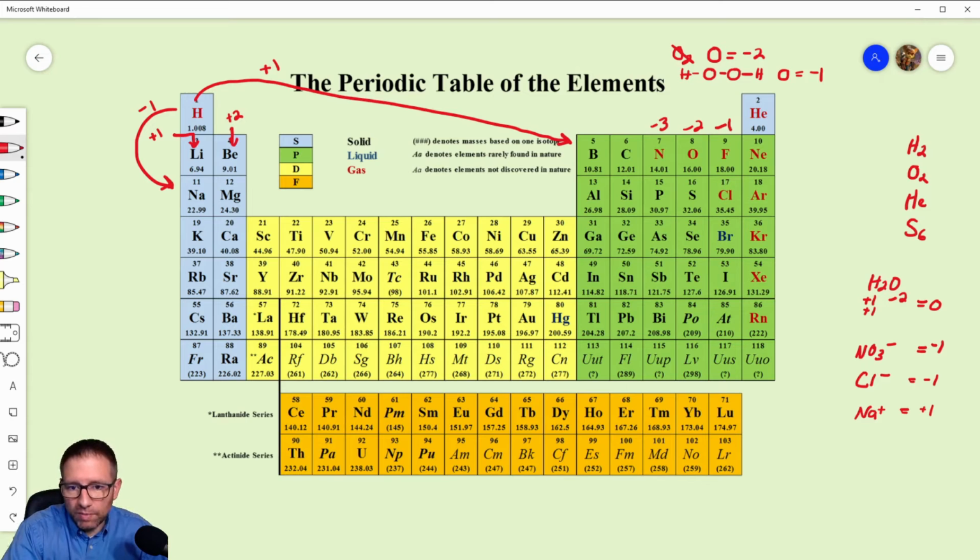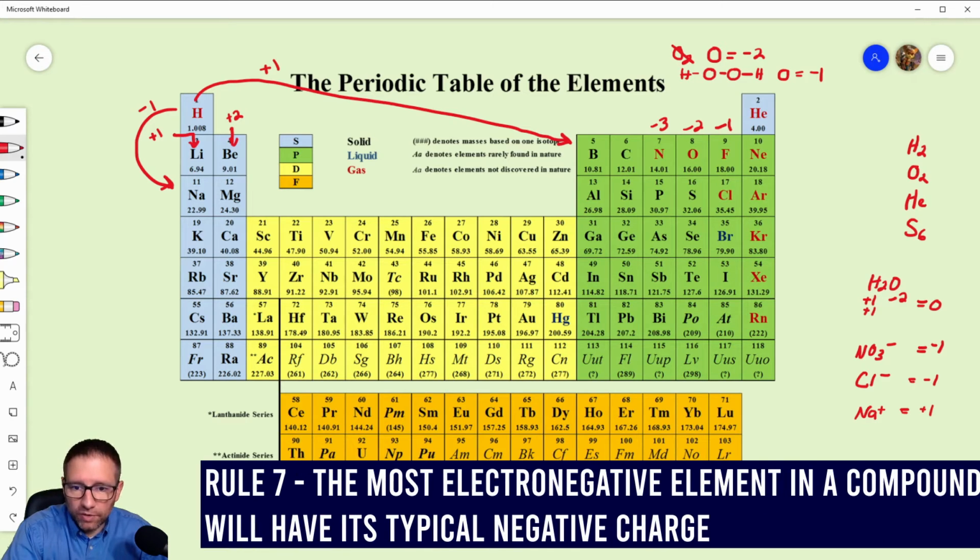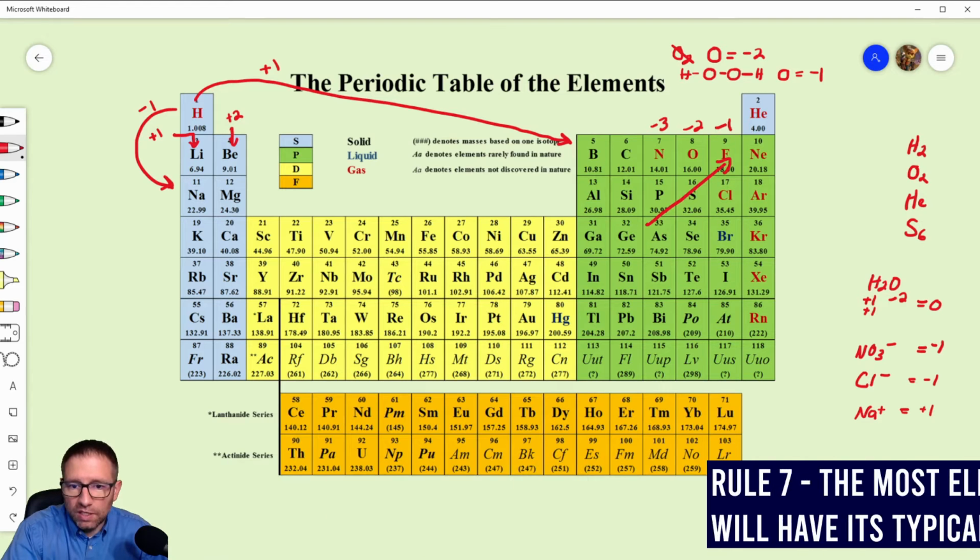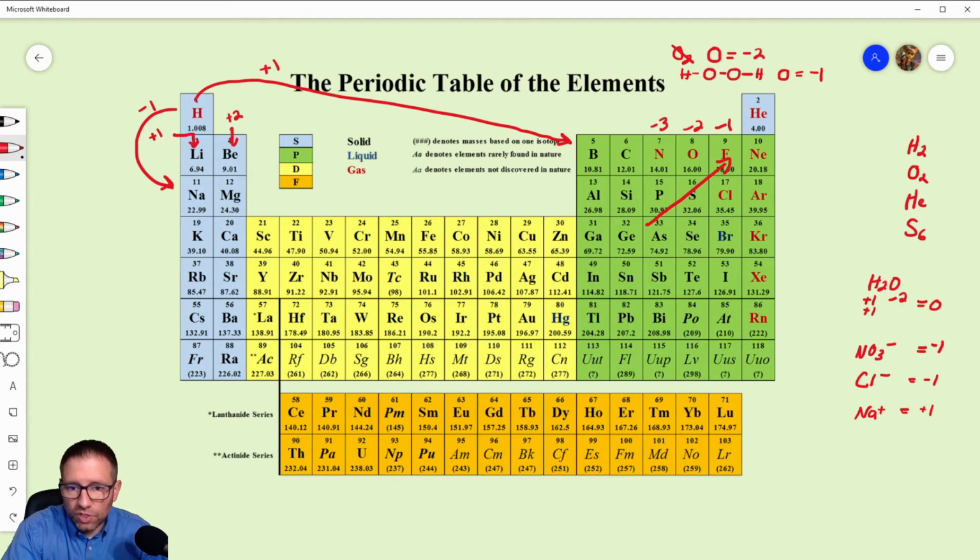Now, if we're talking about things that are bonded together, then as a general rule, the more electronegative element is the one that's going to keep its normal charge. In other words, if something's bonded to fluorine, fluorine will be -1. If you've got a nitrogen and oxygen compound, then oxygen is going to be -2. The nitrogen is just going to fall where it falls based on the other elements.